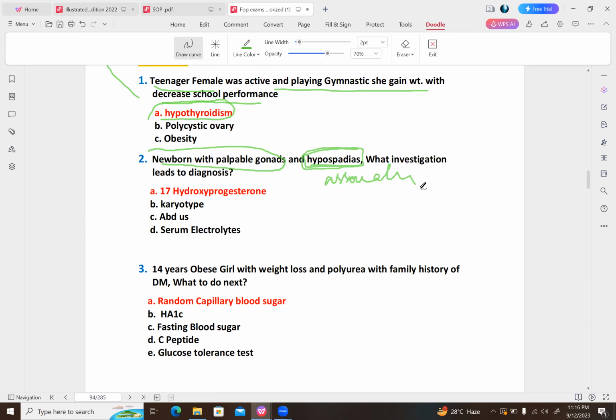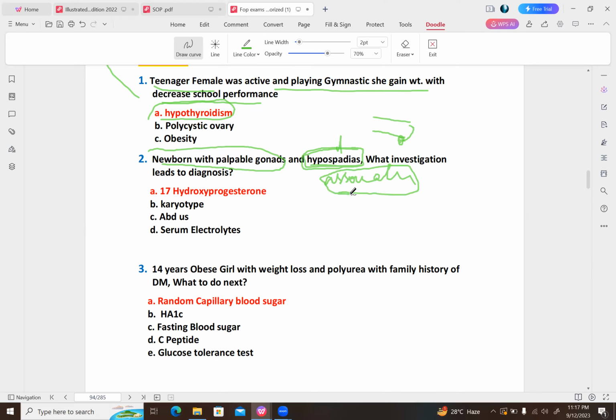First of all, what is hypospadias? Let me introduce. This is the opening of the urethra under the penis. It is not at the front of the penis, it is on the underside of the penis. This opening of the urethra is called hypospadias, and there are several associations.